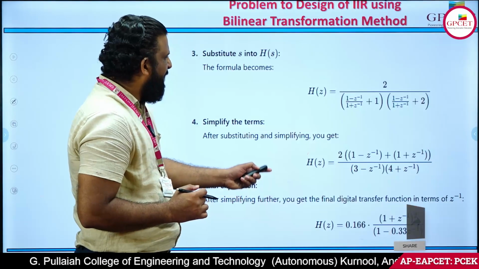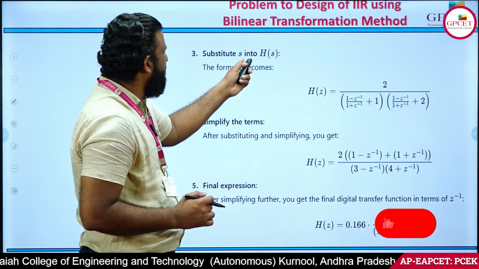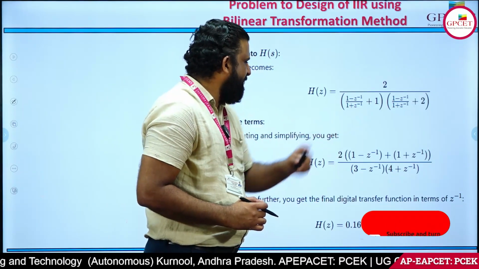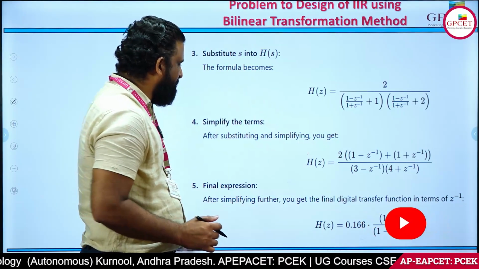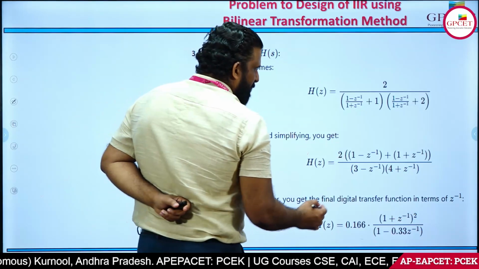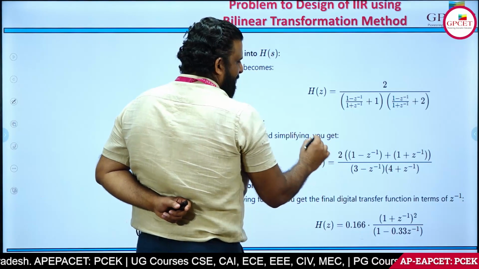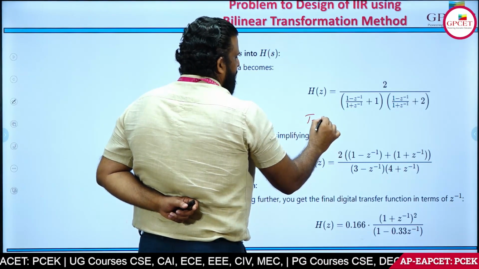Substituting s in the place of H(s), and simplifying all the terms, finally we get the expression. Here I have also substituted T equal to 1. Don't be confused, the value of T is equal to 1.